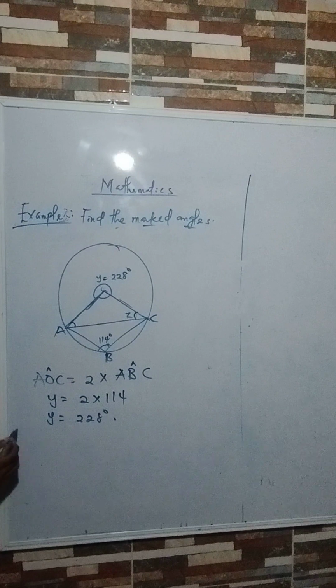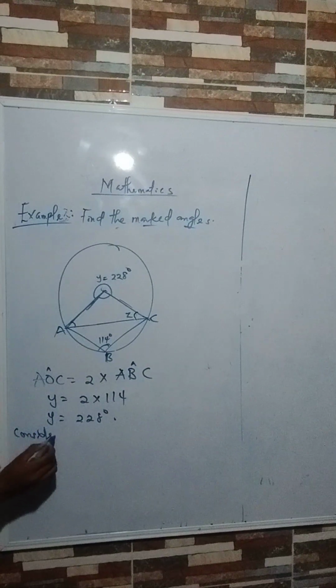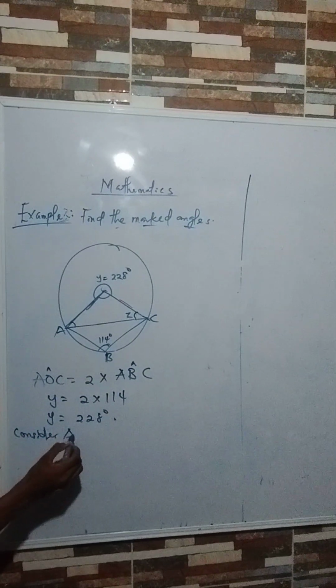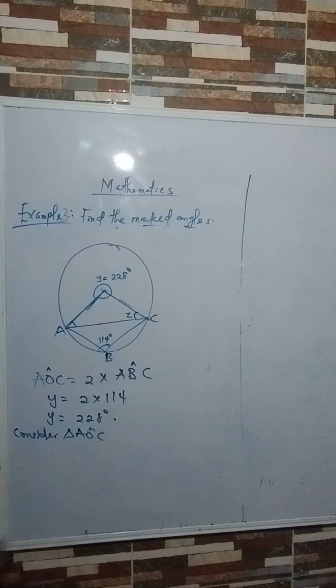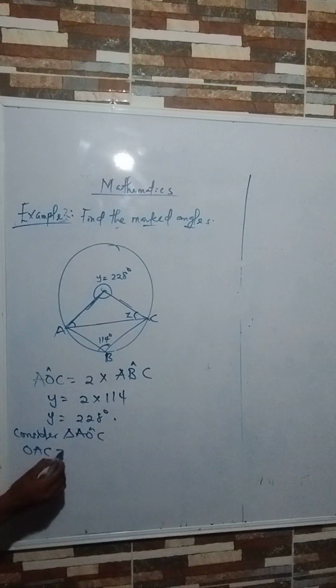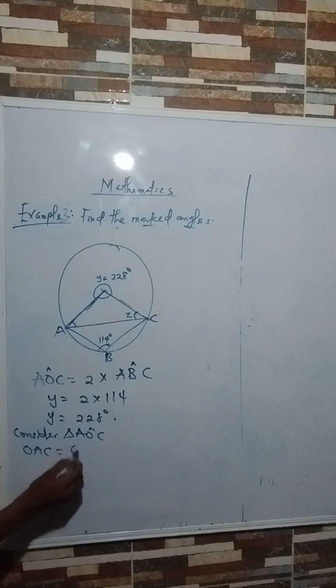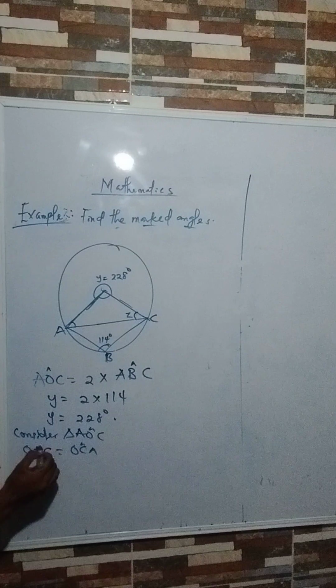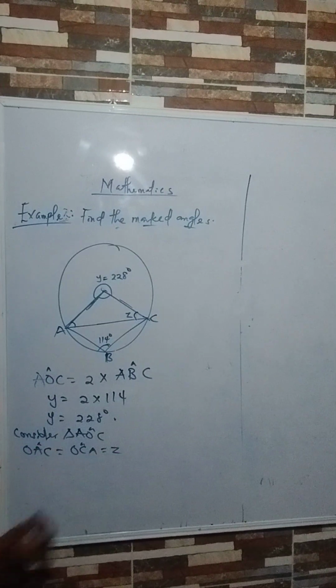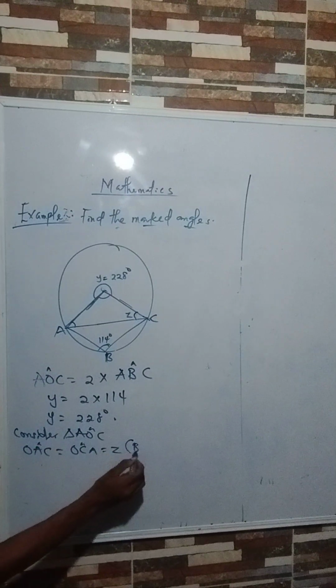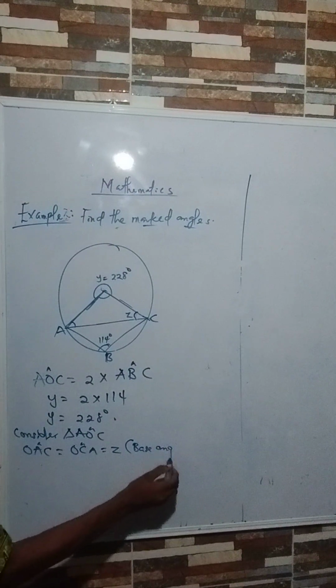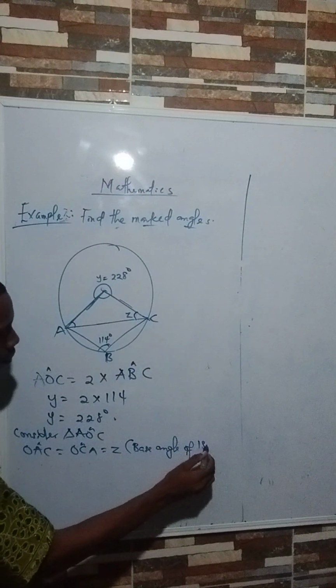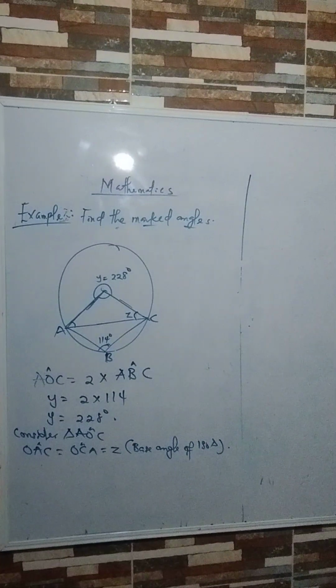So if I consider triangle AOC, I can say that my OAC is equal to OCA, which is equal to Z. Reason: base angles of an isosceles triangle. So here is Z, this place is also Z.